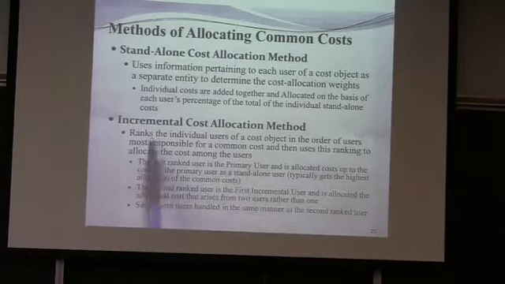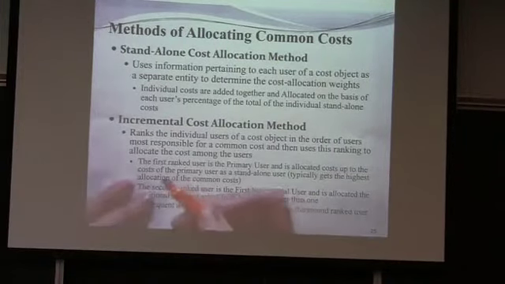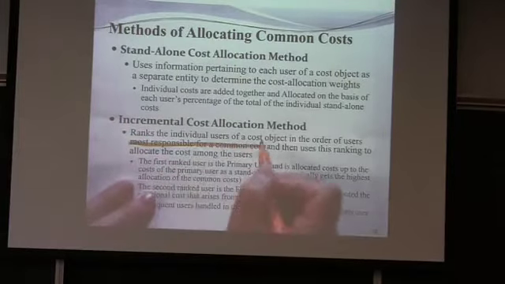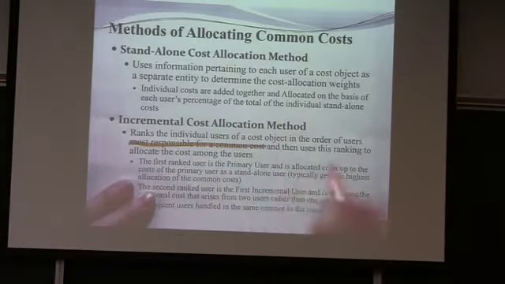This one requires us to rank the individual users of the cost object in order of users most responsible for the common cost. The key word is which of my two trips was the main reason why I was going out west.